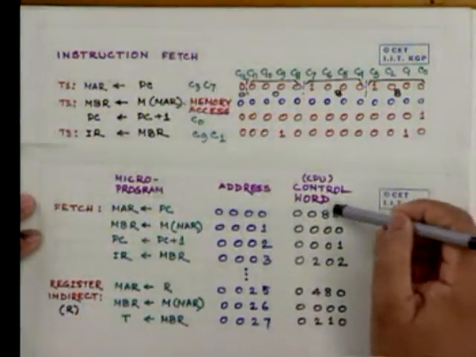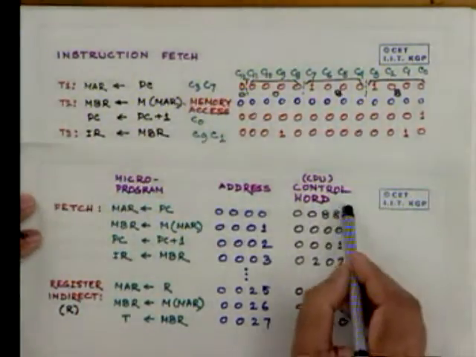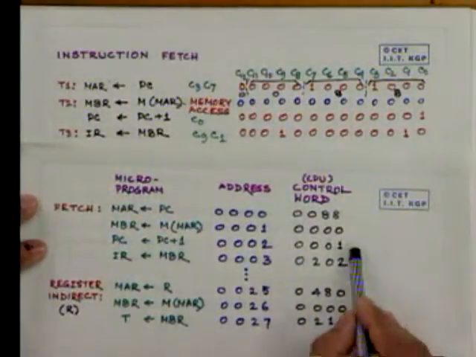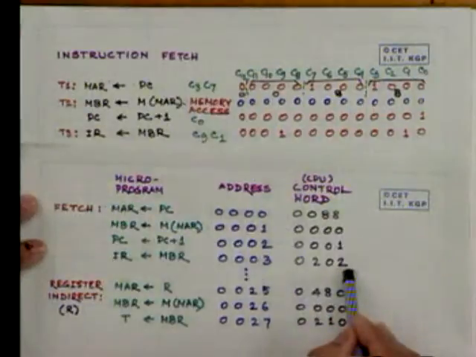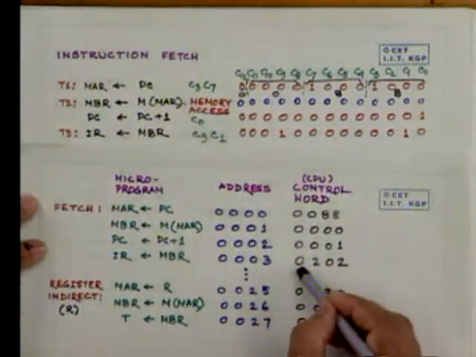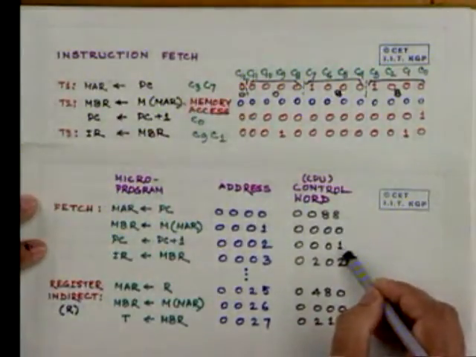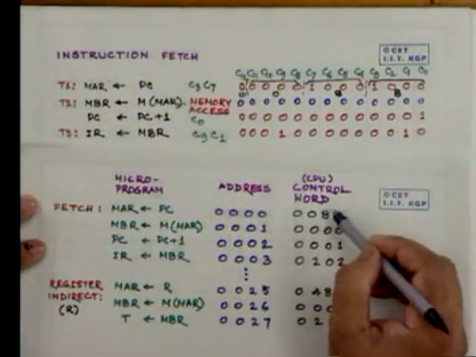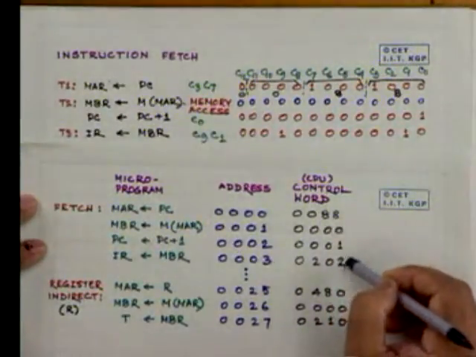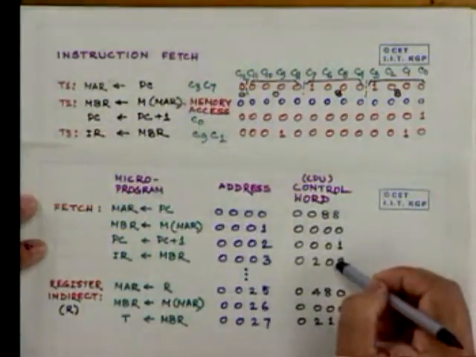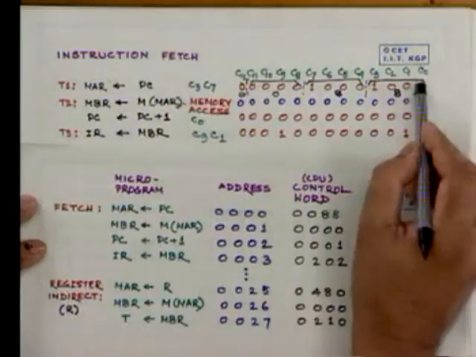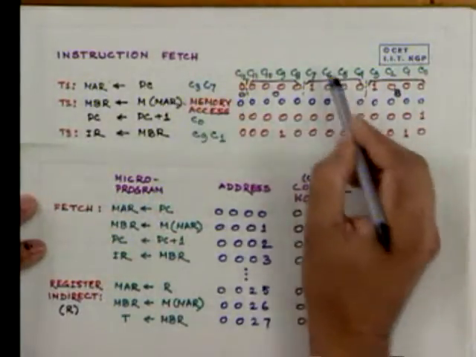Now you see that these control words, which we can take to be machine level instructions, can be kept in a memory, and if we can execute this program in memory, the machine language version of it, then these signals will be generated one after the other.